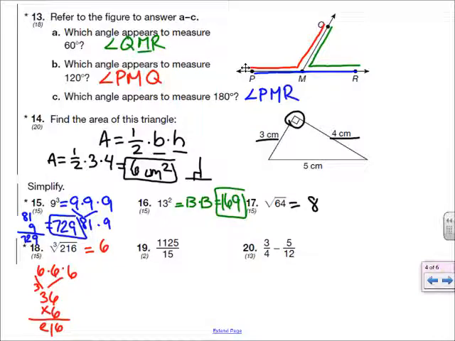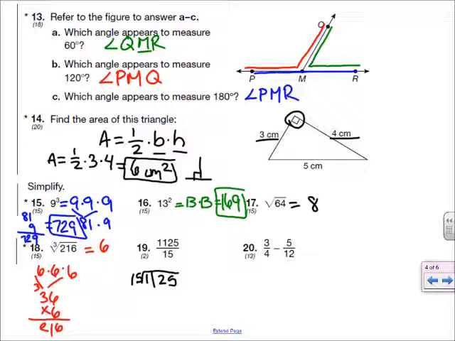Number 19, I have 1125 divided by 15. So 15 goes into 112. Let's see. 5 times 15 is 75, and another 15 on top of that would be 90, and another 15 on top of that would be 105.